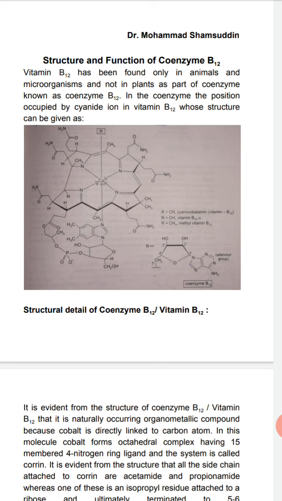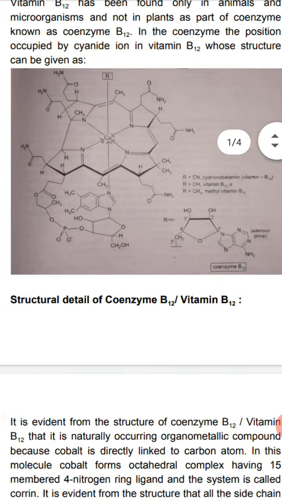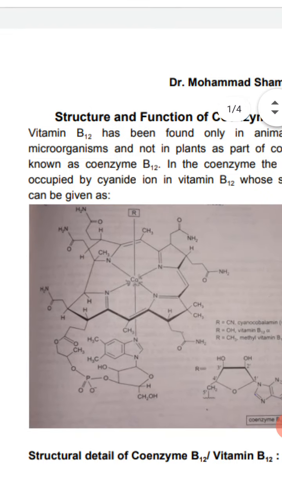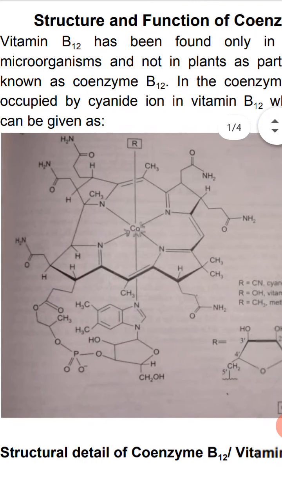As a coenzyme, in the coenzyme the position is occupied by the cyanide ion in vitamin B12, whose structure can be given as here, a very complex and large structure of vitamin B12, also called coenzyme B12.